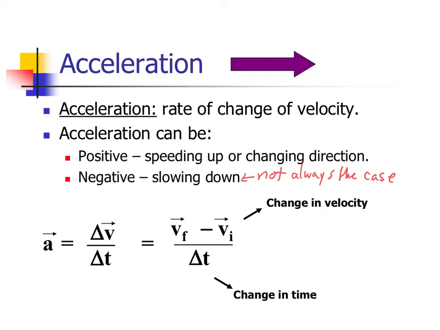There can be times where an object has a negative acceleration and is speeding up. It just happens to be speeding up in the negative direction. All those little components are a part of that, and that's why we have to be very careful with our frame of reference, an idea that we had talked about previously.